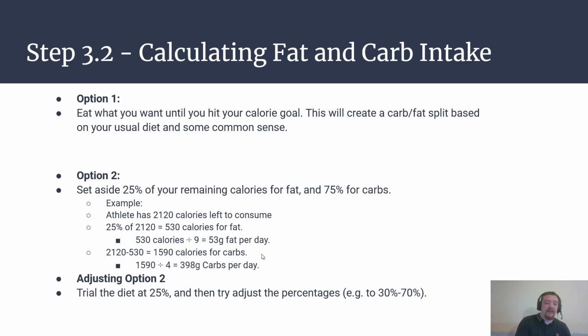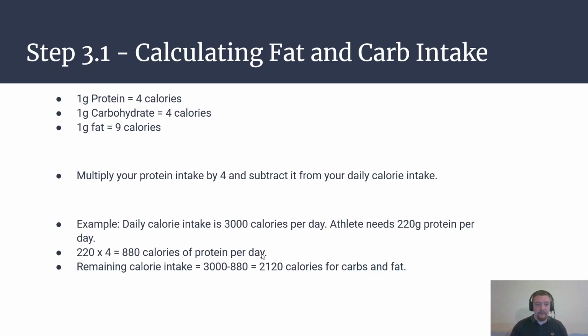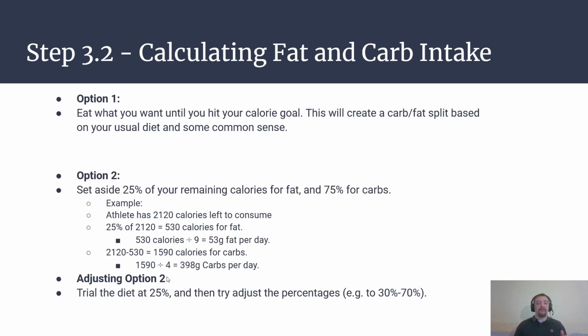So 1,590 divided by 4, because 1 gram of carbohydrates is 4 calories, will give us the number of carbs we need to consume, which in this athlete would be 398 grams. So there we have the split. So the athlete we're looking at needs to consume 3,000 calories per day, 220 grams of protein, 53 grams of fat, 398 grams of carbs.